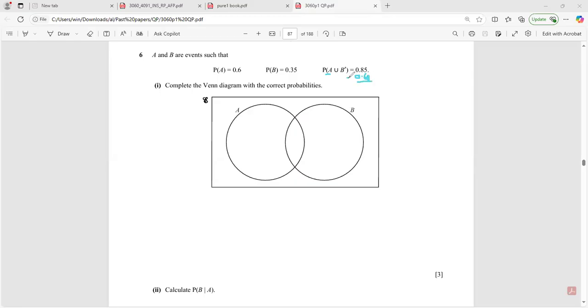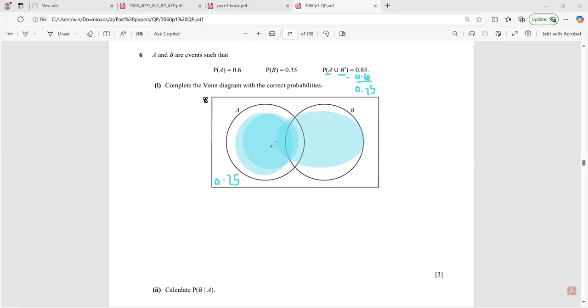We just subtract here. Out of A and out of B, because for the union we take all the elements. We can write it here: 0.25.